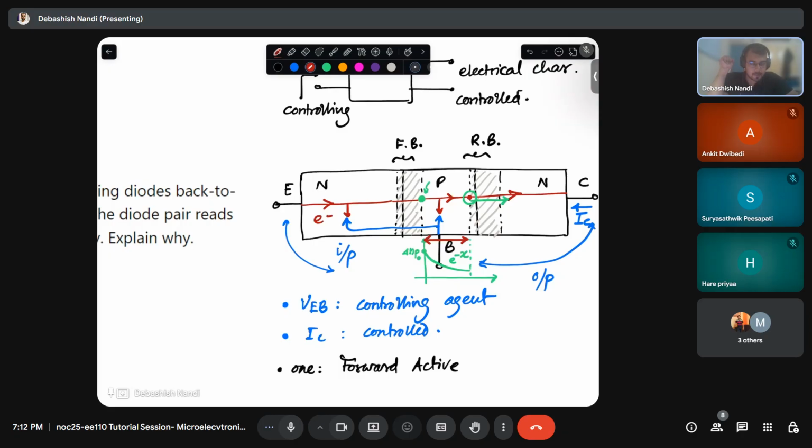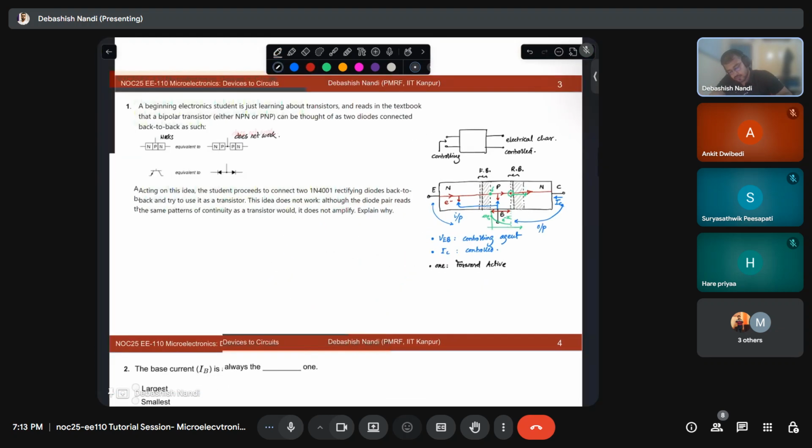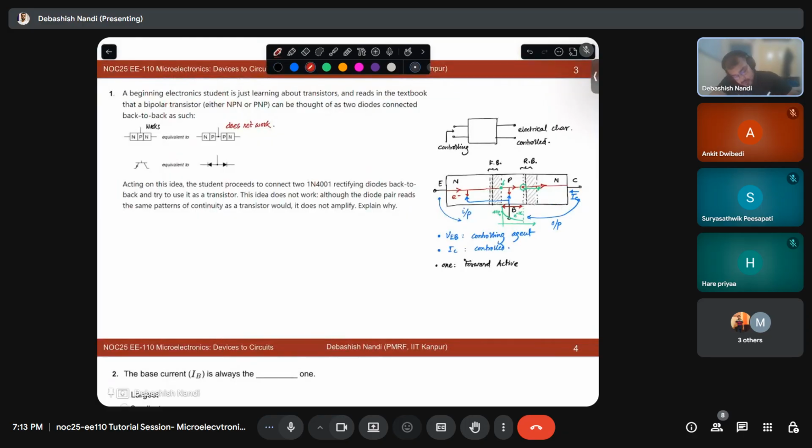Fine. So the condition is that all of the electrons cannot recombine in the base region.